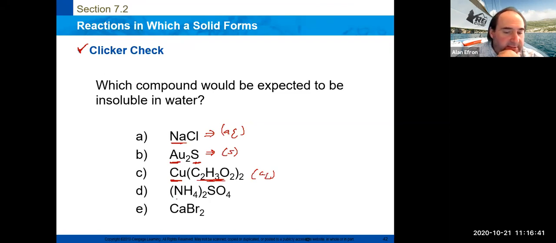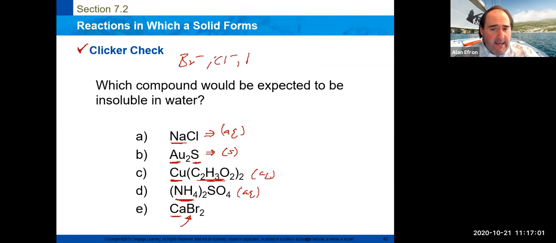Coming here, as soon as we see ammonium, which is NH4 plus, also soluble in everything, we are good to go. That's going to be aqueous. And lastly here, we may not find calcium necessary there, but we will find Br. And Br is Br minus, which goes with Cl minus and I minus.